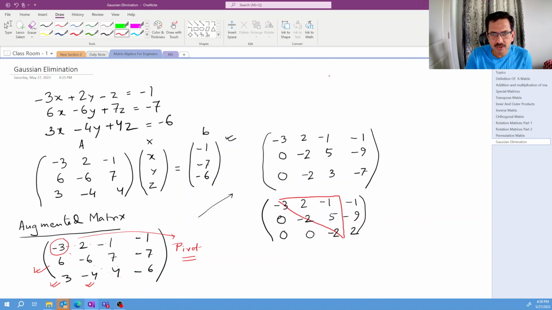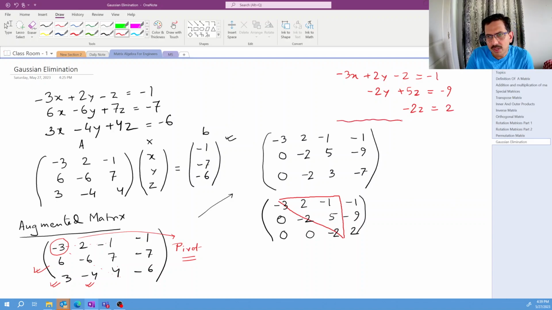Your equation is now basically minus 3x plus 2y minus z equal to minus 1, minus 2y plus 5z equal to minus 9, and this one will be minus 2z equal to 2, right?